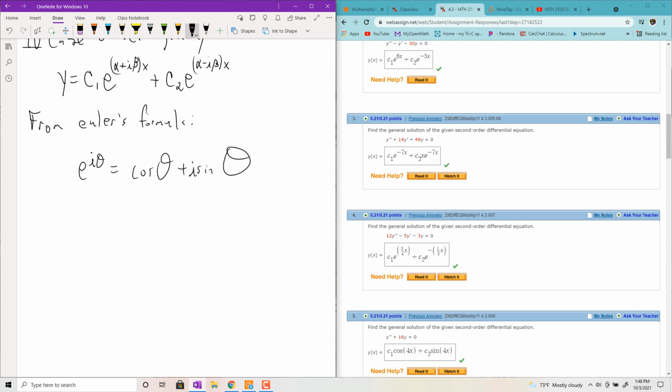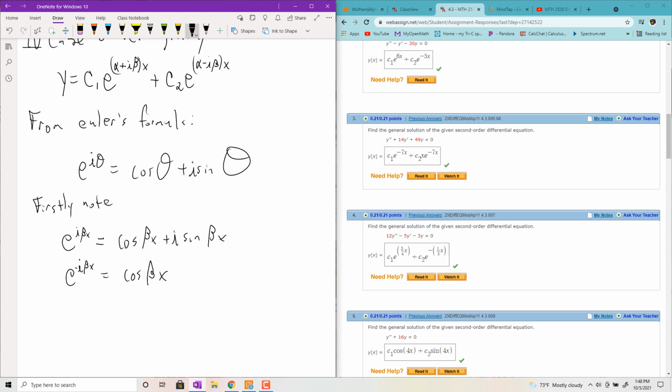we'll use this formula to rewrite that general solution above. So first, note e to the i beta x is going to be equal to, from this formula, cosine of beta x plus i sine of beta x. E to the negative i beta x, so I slide a negative in there, is going to be cosine beta x plus i sine of negative beta x.